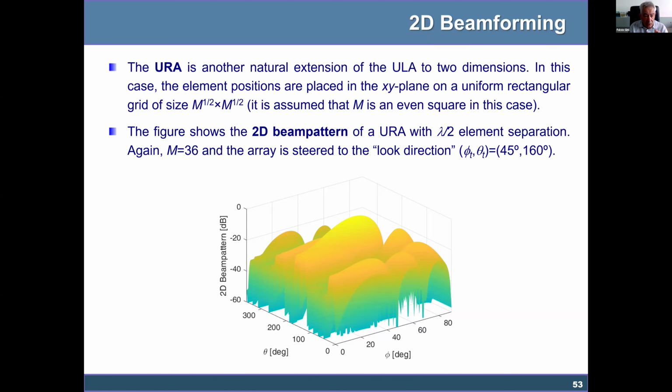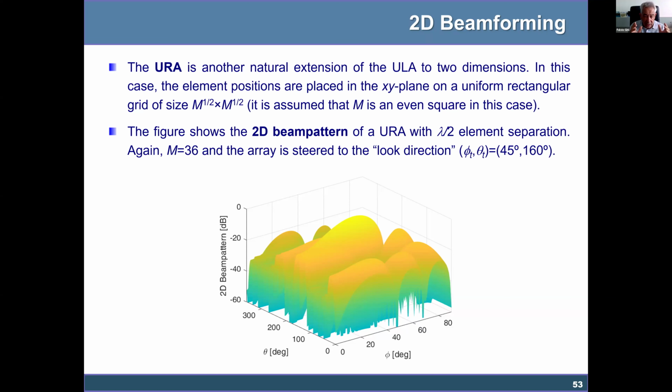Okay, so now we want to compare the uniform circular array with the uniform rectangular array. In order to make a fair comparison, let's assume that the number of sensors is the same, 36. So let's assume that this rectangular array is a square array of size 6 by 6, with 36 elements.